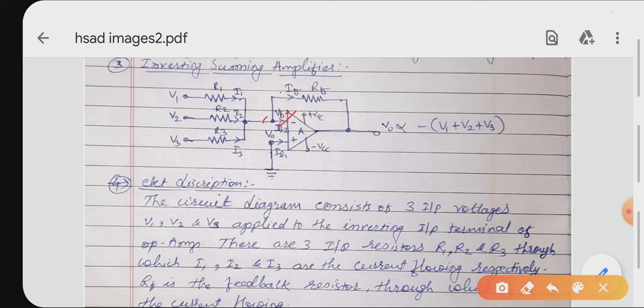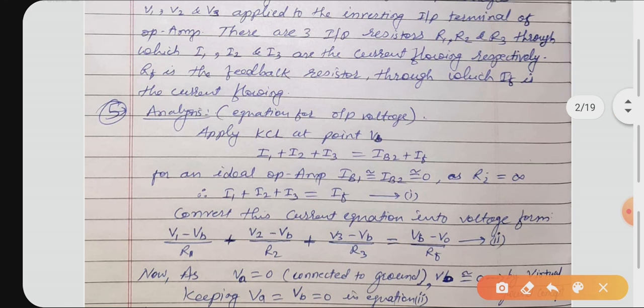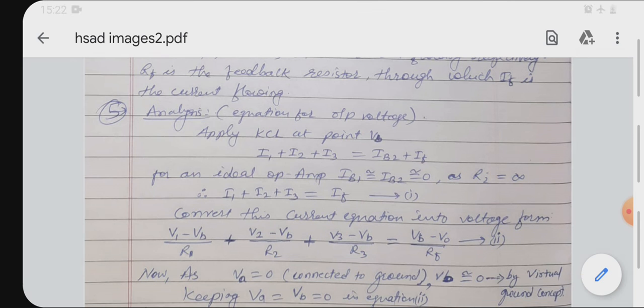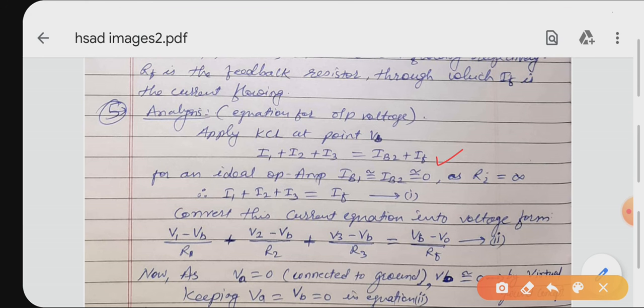So the equation becomes I1 plus I2 plus I3 is equal to IB2 plus IF.